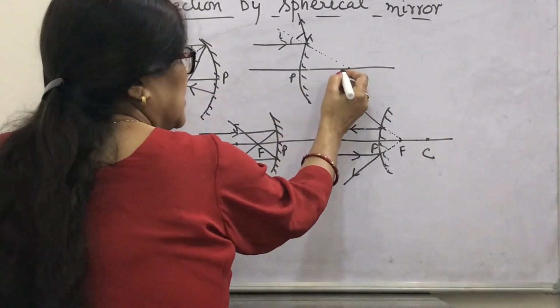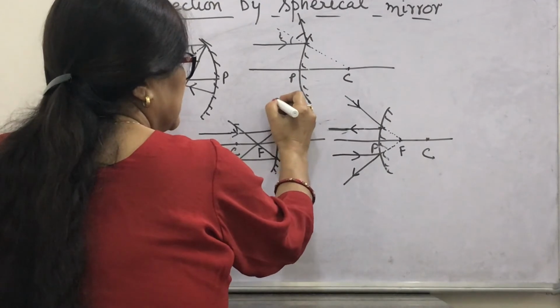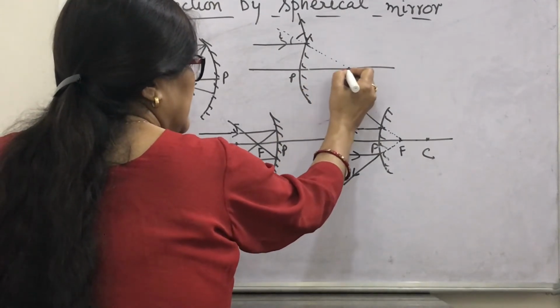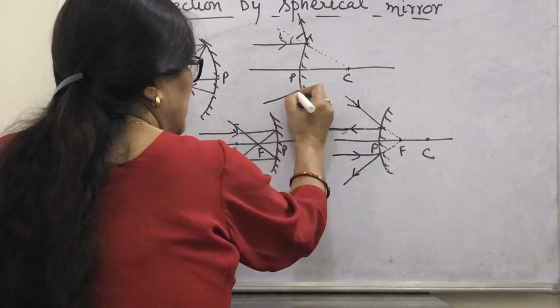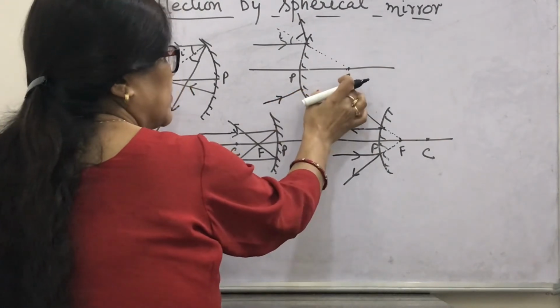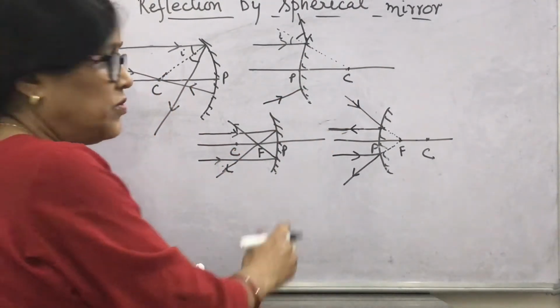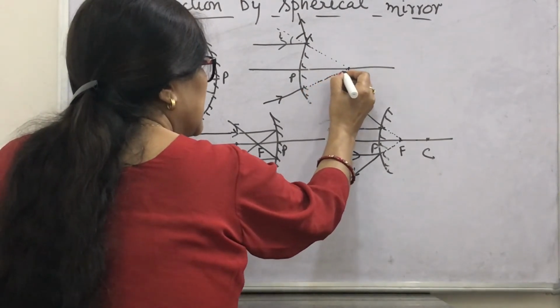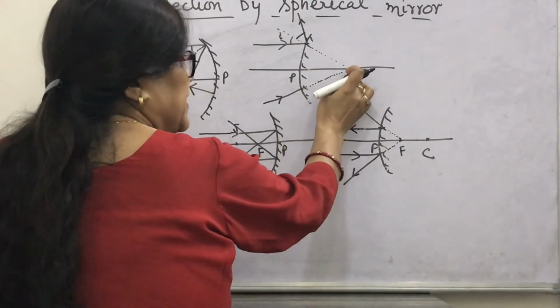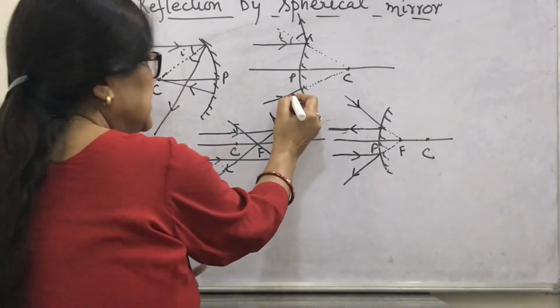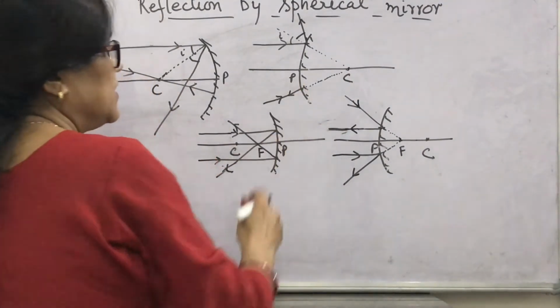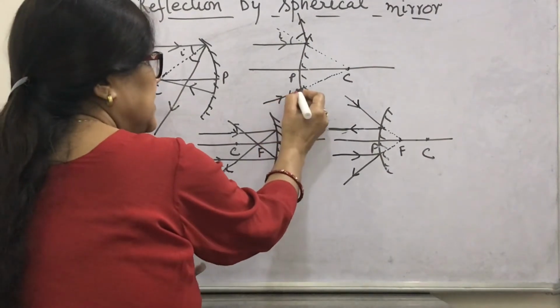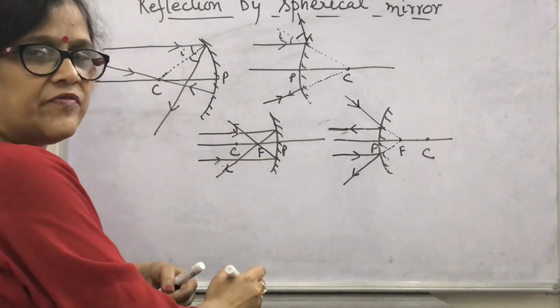Here also, if you are given a question to draw the reflected ray for convex mirror, you will take the scale, and if you join that this is supposed to be meeting at point C, then you just draw an arrow like this. This will be the incident ray as well as the reflected ray.